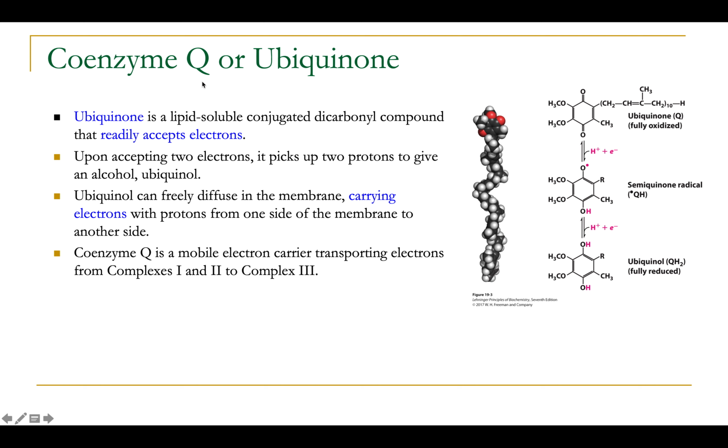The last class to discuss is a standalone class containing one factor, ubiquinone, which is also known as coenzyme Q. So ubiquinone is a small molecule, unlike other types of electron transport carriers. It's not embedded in the context of carrying proteins, but is a free-floating molecule within the inner mitochondrial membrane due to its highly hydrophobic properties.